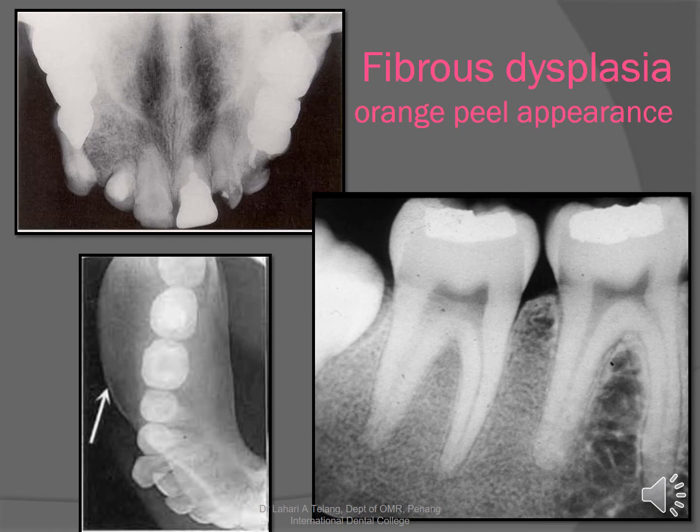It looks very dotted and smaller in size, what we typically call orange peel appearance. Similarly, on the maxillary occlusal view, there is a lot of thickness of bone and a mixed radiopaque radiolucent appearance, giving the orange peel appearance.